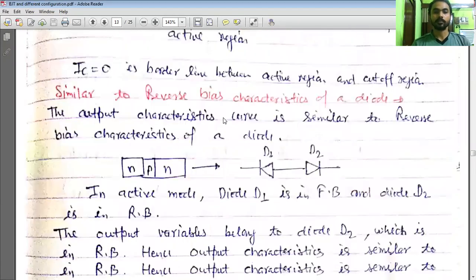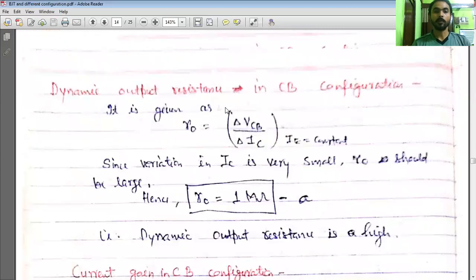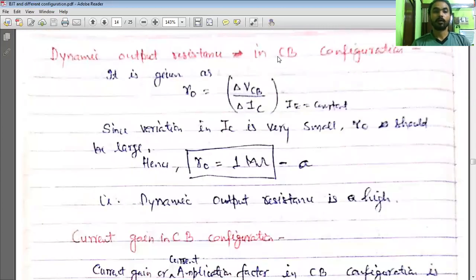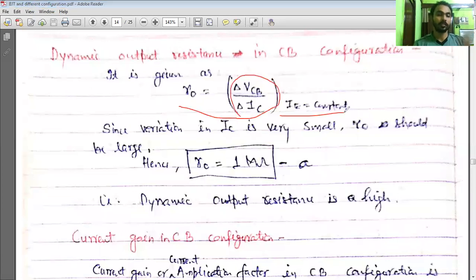So R0 is del VCB upon del IC for constant input current. For each curve you have to find your output dynamic resistance.